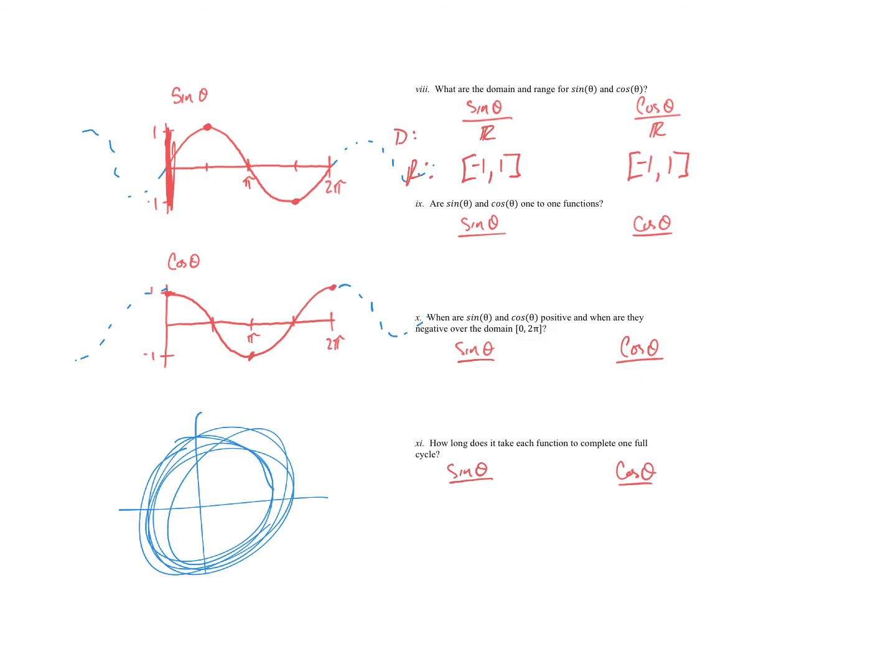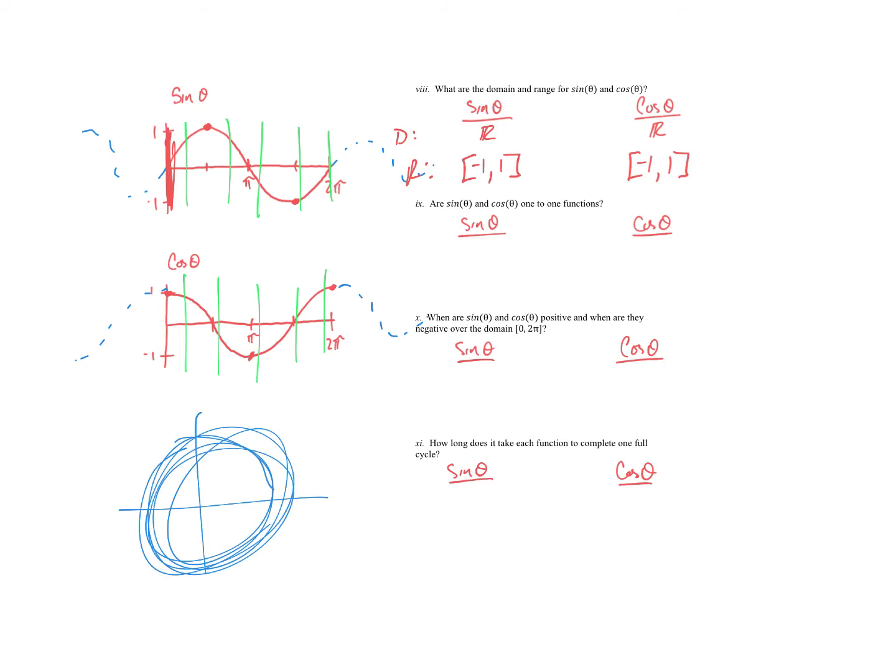Are these 1-to-1? Well, usually when we talk about 1-to-1, that follows a discussion about whether or not they're functions, right? So are they functions? Yes, they're functions because they pass the vertical line test. Each input has one distinct output. But are they 1-to-1? In other words, are their inverses also functions?